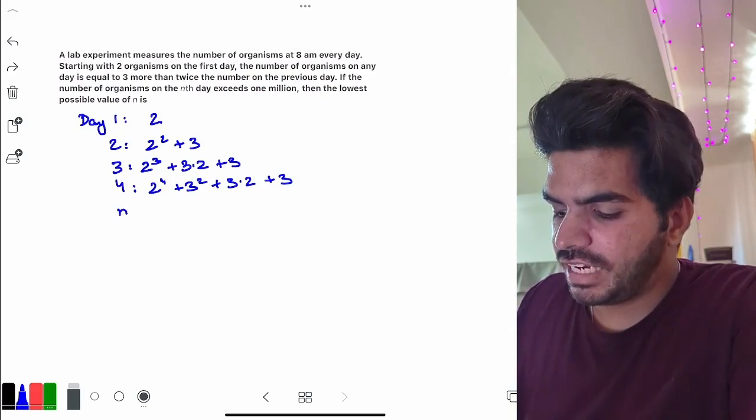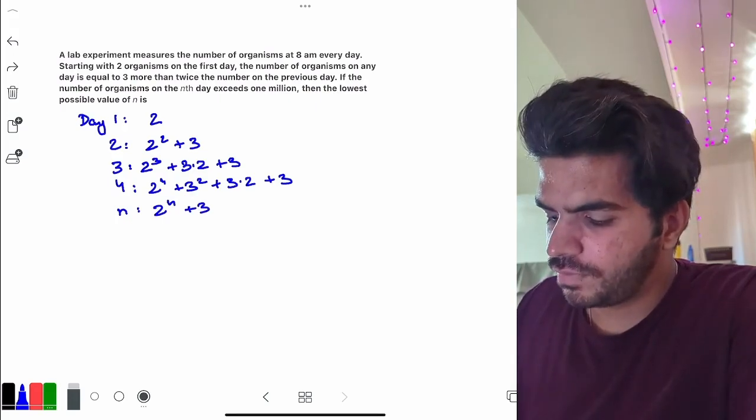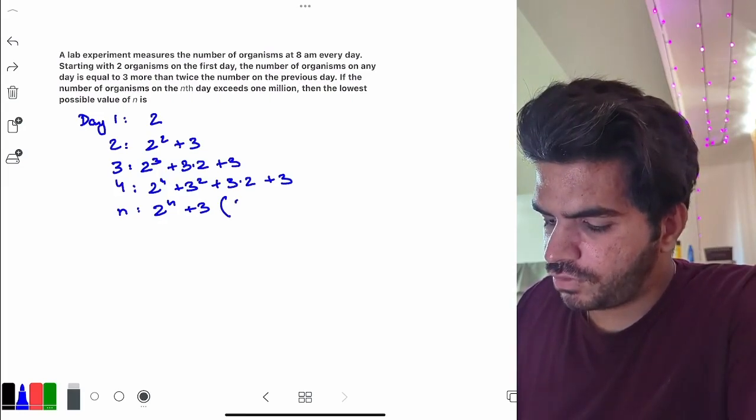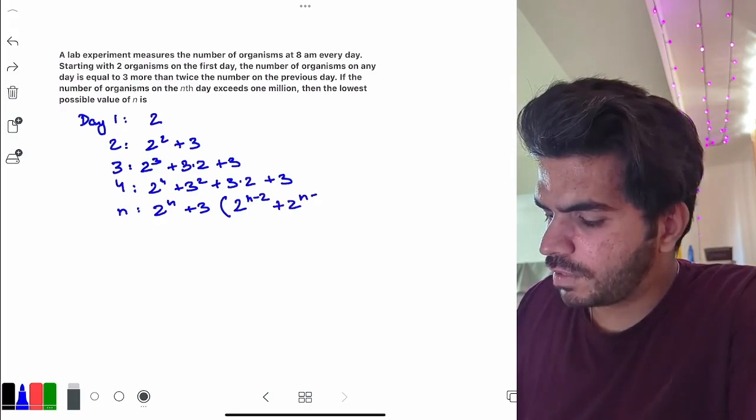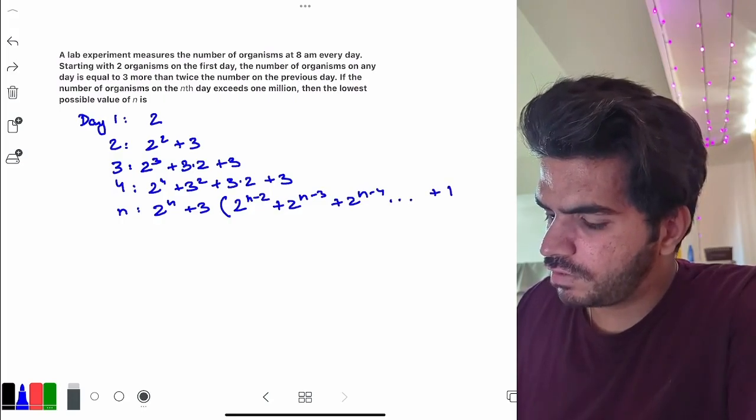And for any nth day, we'll have 2 to the power n plus 3, like this is taken common from all of them, and we have 2 to the power n minus 2 plus 2 to the power n minus 3 plus 2 to the power n minus 4 up to 1.